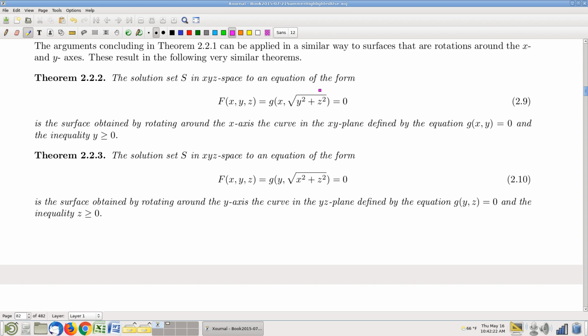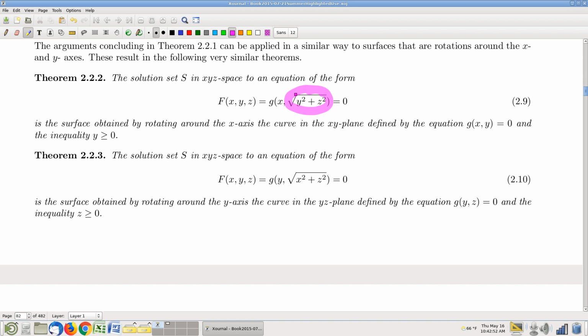So, for example, if Y and Z appear only as part of that special form, well, that special form tells you about distance to the x-axis. And that means that when you rotate a point around the x-axis, you're going to get a bunch of different y's and z's, but you're not going to be affecting how the y's and z's participate in the equation. And the resulting surface is symmetric around the x-axis.